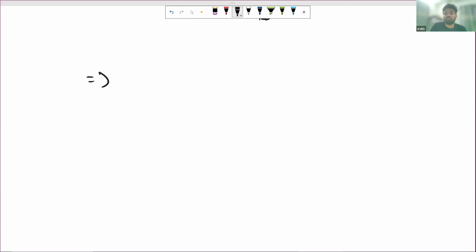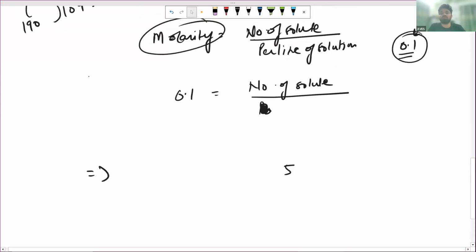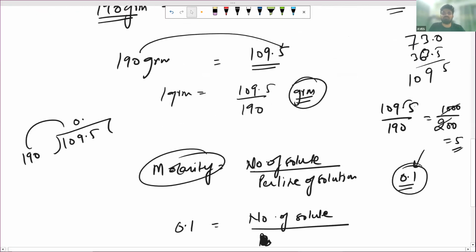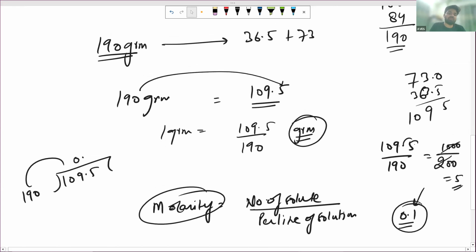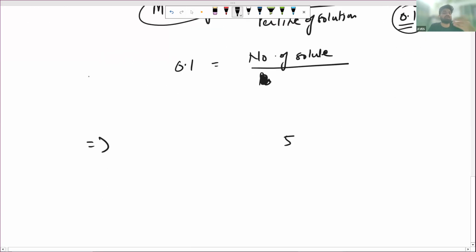For example, say your answer is 5 grams. For 190, when you divide it, you will get approximately 4 point something. You just need to understand the concept of the question.